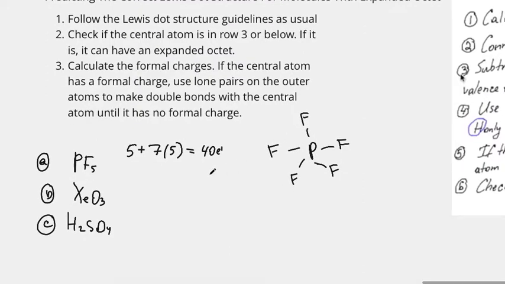We just used 5 times 2, we just used 10 electrons, and we have 30 left. And we will give each fluorine 6 electrons for it to be happy, to have an octet.